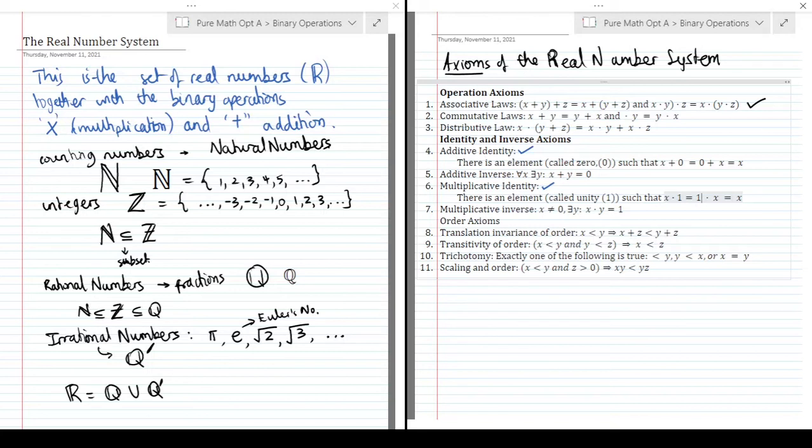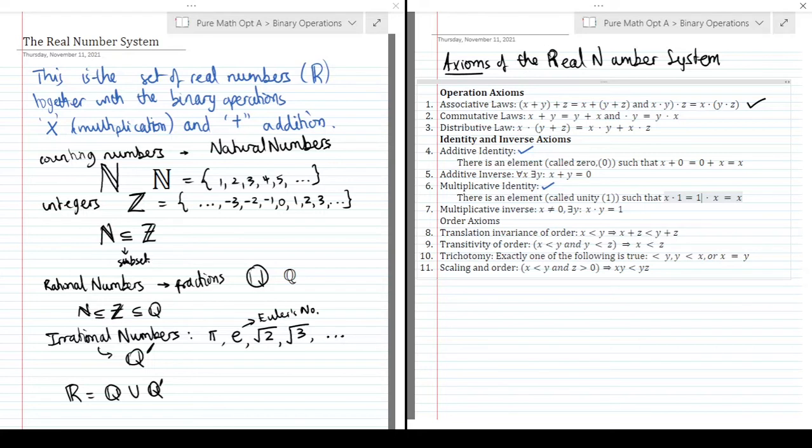The multiplicative identity is 1. You add 0 to any number, the number doesn't change. You multiply any number by 1, or 1 by any number, you get back that same number, right? You could only talk about an inverse after you have obtained what is called the identity. So anyway, the additive inverse.